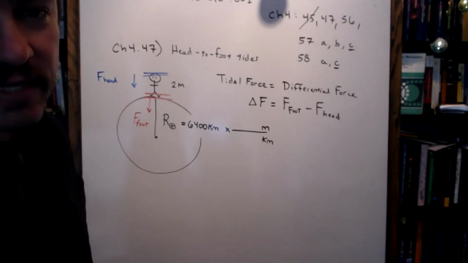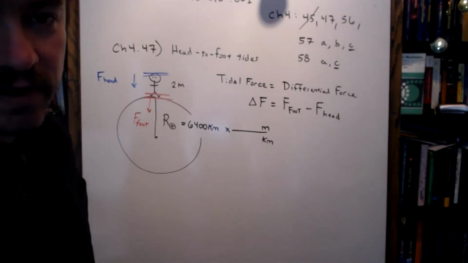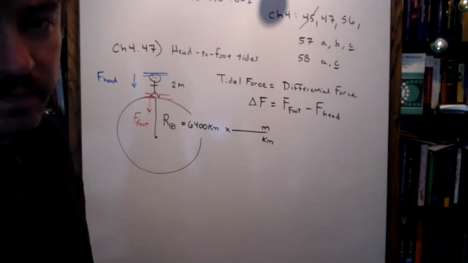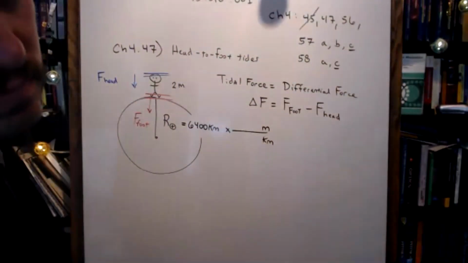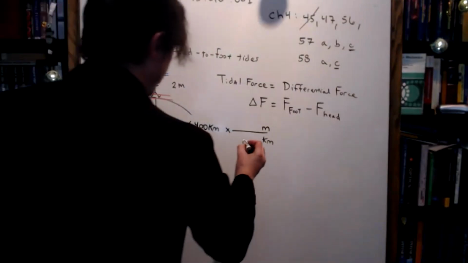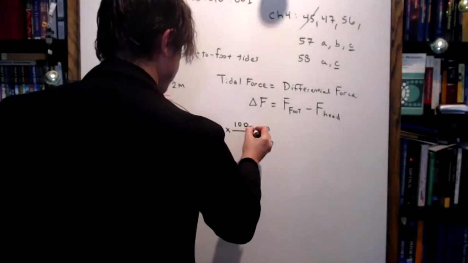You shouldn't have to flip back 20 pages. It should be right on the page just before. Andy? Oh, I found it. 1 kilometer is 1,000 meters. That's right. Yeah, I found it. All right.